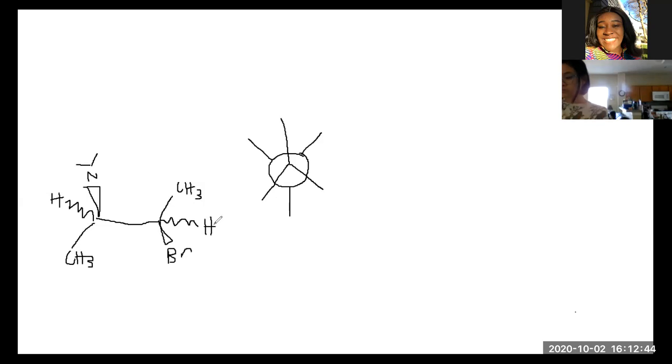Okay, so for this molecule, it's not too complex or anything, but as you should have been taught, wedges are coming towards you and dashes are going away. These are the little dashes that I made here, and these are the wedges.